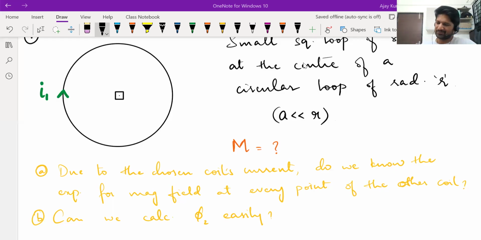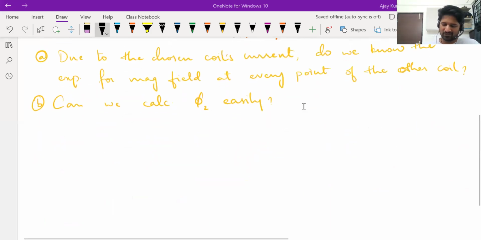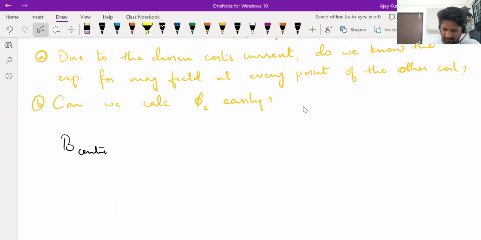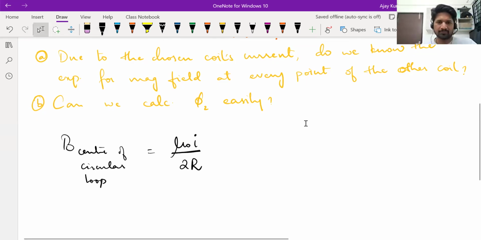Okay, fine. So see, we know the magnetic field at the center of a circular loop. It is mu naught I divided by 2r, where r is the radius of the circular loop. We even know magnetic field on the axis of a circular loop.